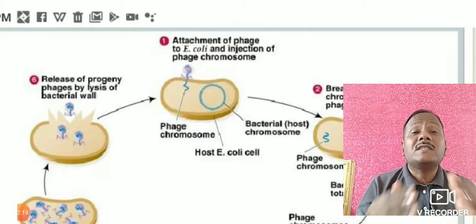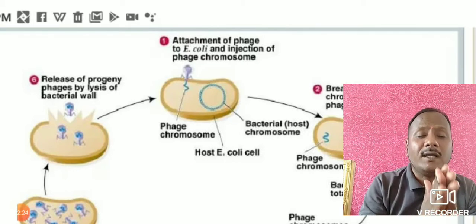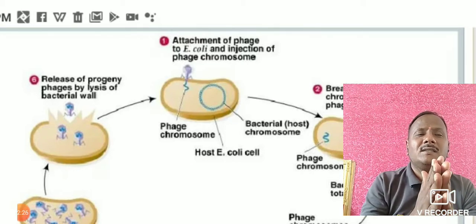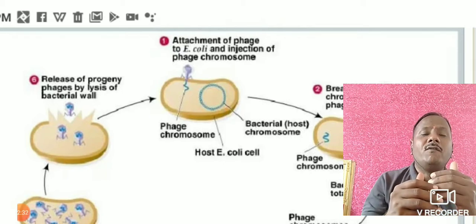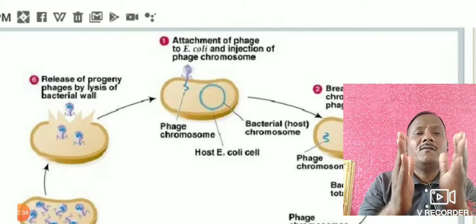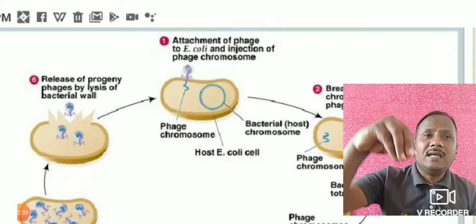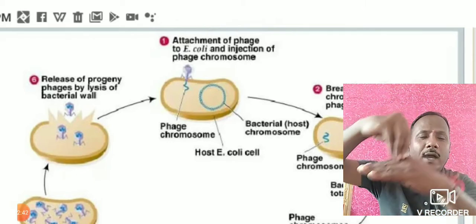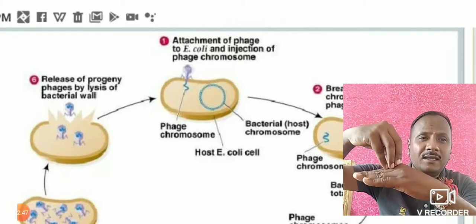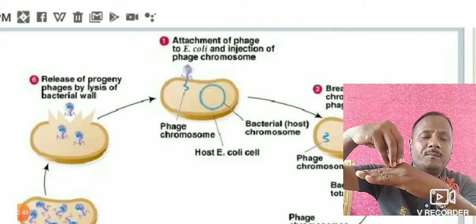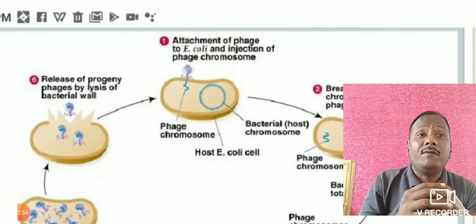On the surface of cell wall of bacteria there is the attachment of phage. Phage means the bacteriophage, and there is the injection of phage chromosomes. This is the first experimental stage, where there is the attachment of virus on the surface of cell wall of bacteria, which bacteria? E. coli. And during that there is only entry of DNA.